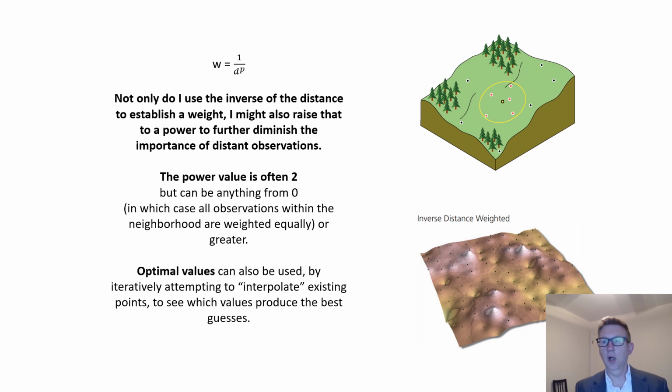And if you do that for all of the points in your data set, you can generate what's called an optimal value, an empirically tested value of how your data diminishes. This is a nice way to do it. It's empirically based, not done very often for whatever reason, but probably the best way to use IDW if you're going to use it at all.